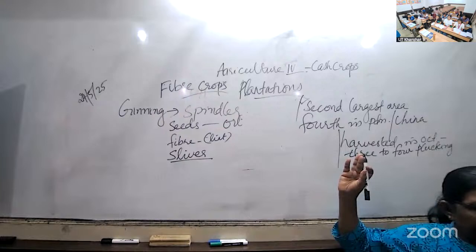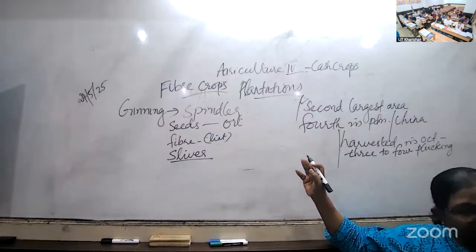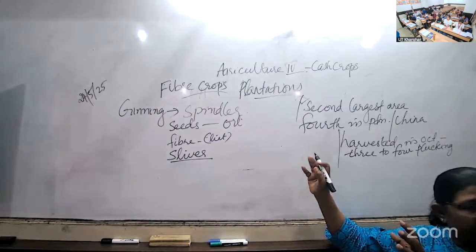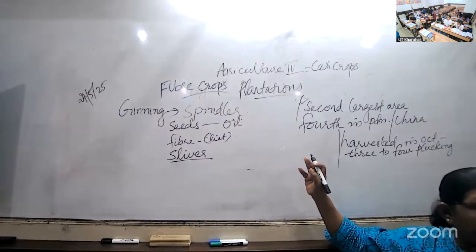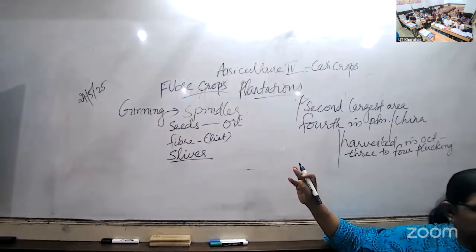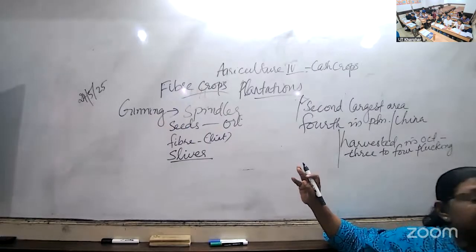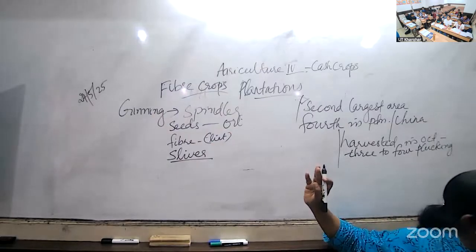Got it? First one, ginning. After ginning, the seeds will be used for the production of oil. Then the lint is sent to the factory to clean it, that means wash it, and then the sliver is produced.